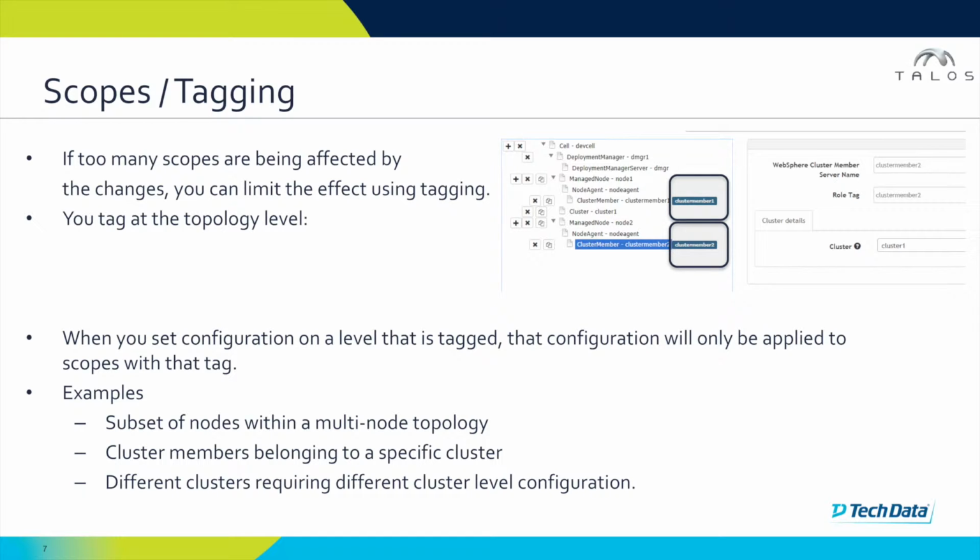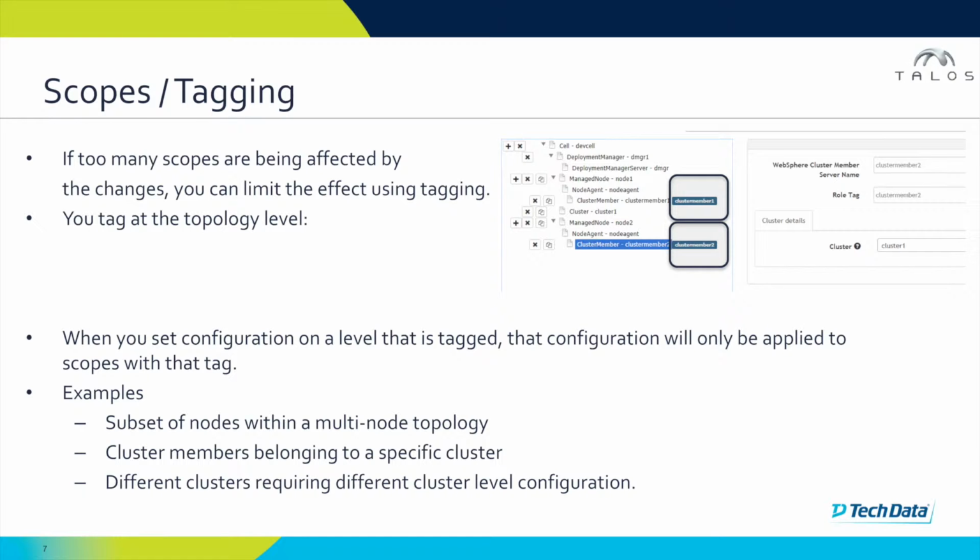You know, maybe each node needs a different value, and you want to identify those differences, or perhaps only two of your six nodes need a particular value. So if that's the case, then you can use tagging to do that. So you can set a role tag.